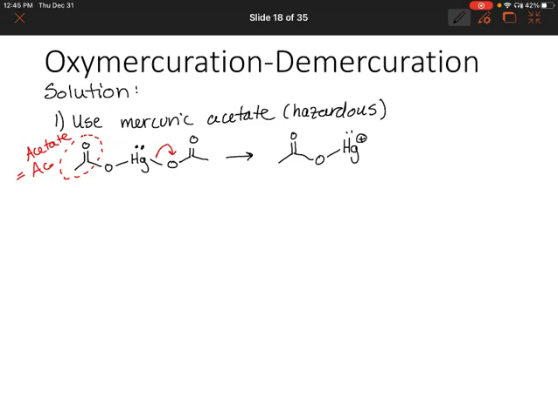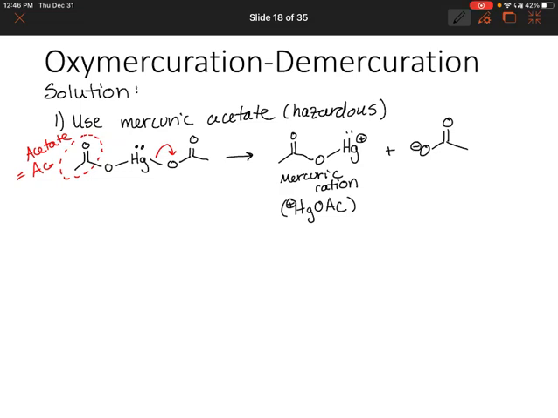So because it lost those shared electrons, it is now positively charged. And then we also have our other ion there, but the important one is the mercuric cation. And I'm going to abbreviate this HgOAc with a little positive sign on the mercury atom.